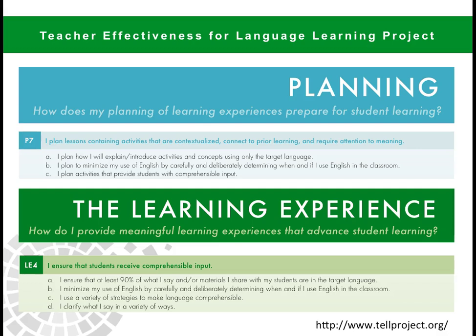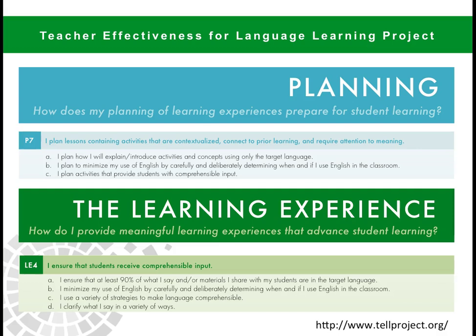Under the learning experience, the focus question is, how do I provide meaningful learning experiences that advance student learning? And the specific criteria is, I ensure that students receive comprehensible input.